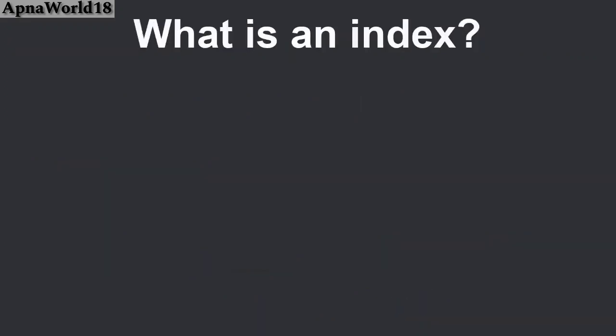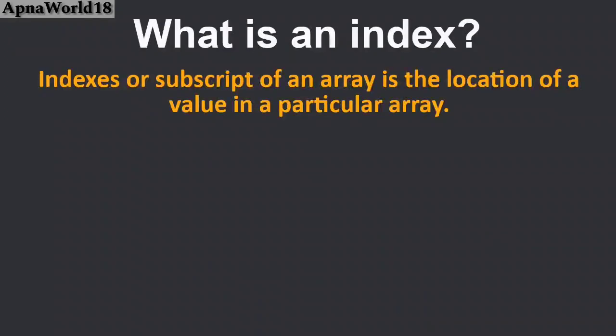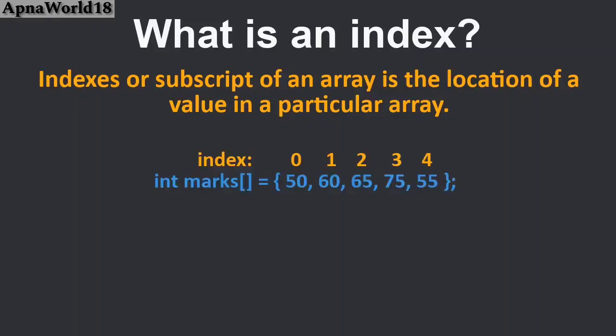Now let's learn what is index. Index or subscript of an array is the location of a value in a particular array. In arrays, the index or subscript starts with 0. Since our array size is 5, note that the subscript or index run from 0 to 4, which is 1 less than 5 or length of the array.